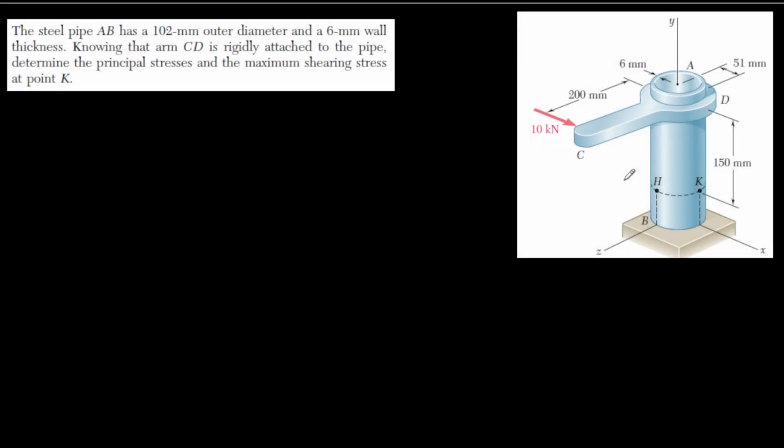In this video, we will take up a problem from torsion. Actually, it involves concepts from torsion, then bending, then say Mohr's circle, etc. So it's a very good problem taken from the book Mechanics of Materials by Beer and Johnson.